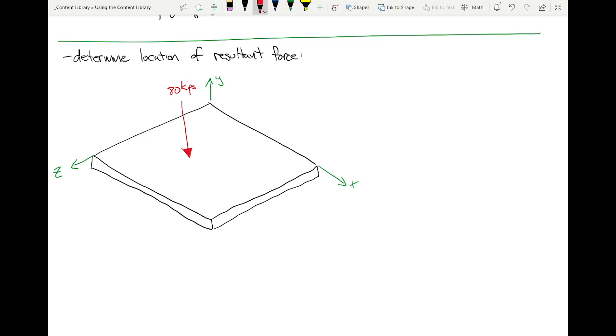I have to place it in that magic spot so that it generates the same amount of moment. So what I need is a description of this position vector, R. Remember that this point right here is point O, the point about which we took moments at the beginning of the problem.